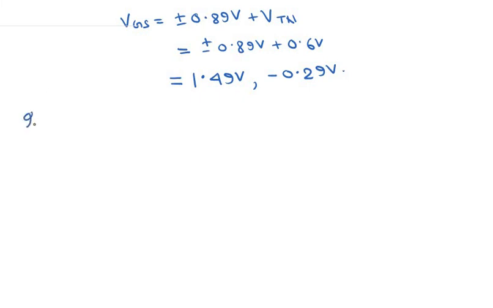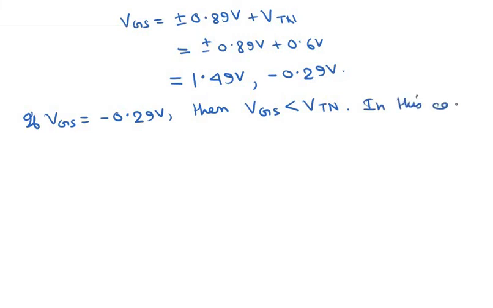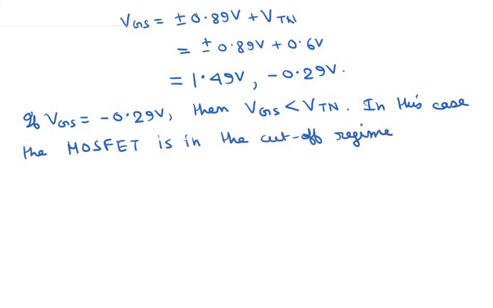So if VGS is equal to minus 0.29 volts, then VGS is less than VTN, because VTN is 0.6 volts, and so in this case the MOSFET is in the cutoff regime, which is invalid for this problem.